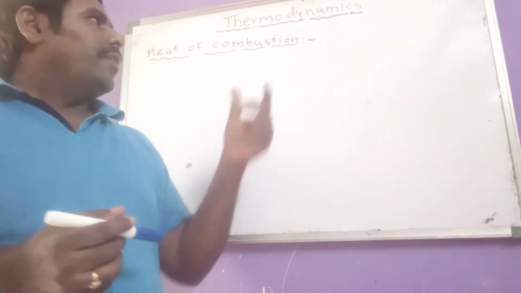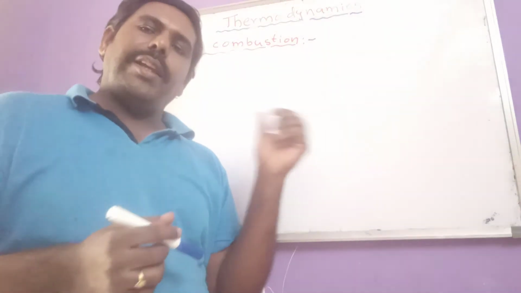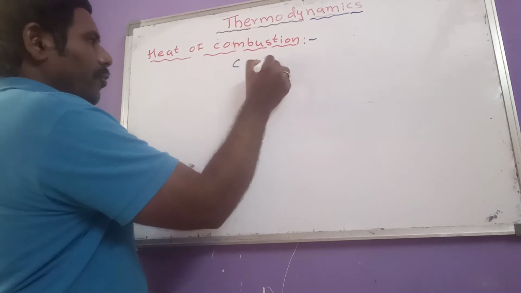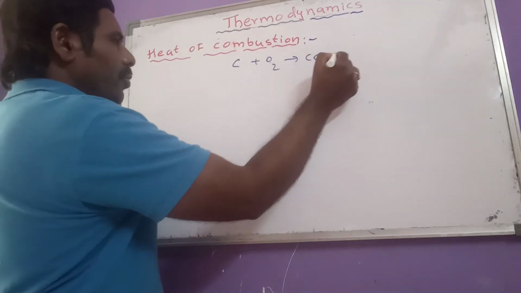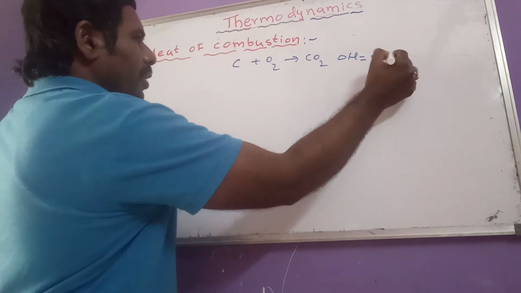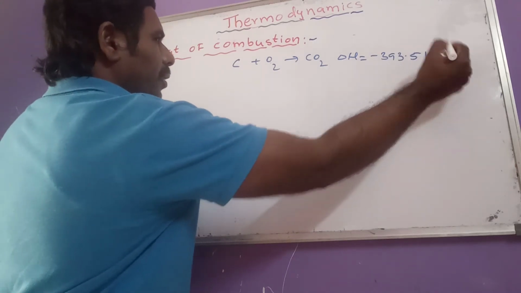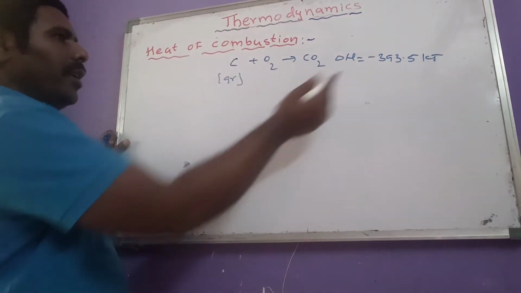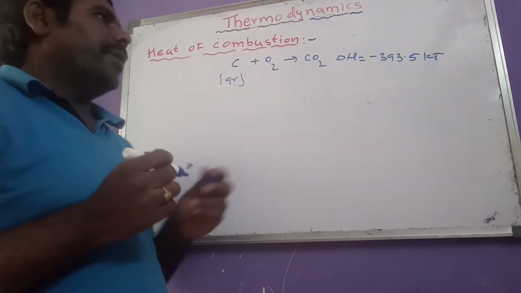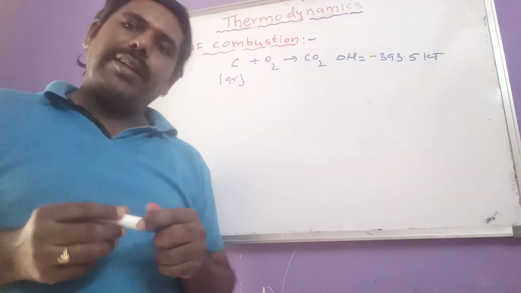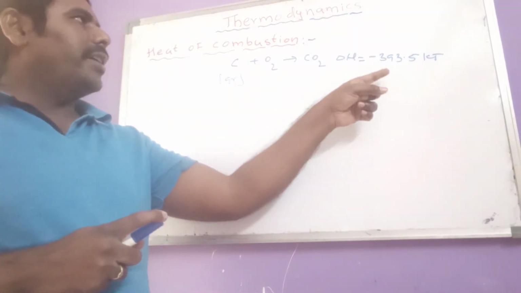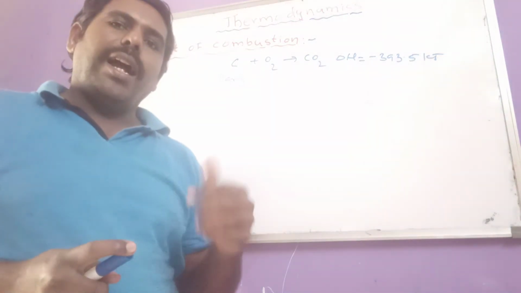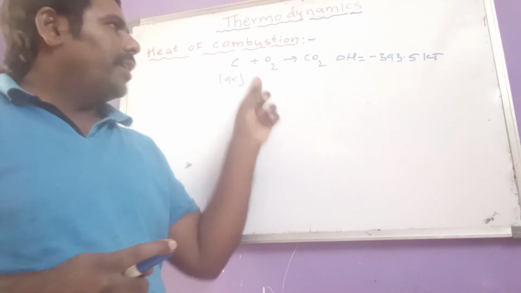So now first let us see some examples for heat of combustion here. For example, C plus O2 gives CO2, delta H value minus 393.5 kilojoules. Of course, here we have taken graphite. Now, the heat energy liberated, 393.5 kilojoules, is considered as heat of combustion of which one? Graphite. And one more thing also here.